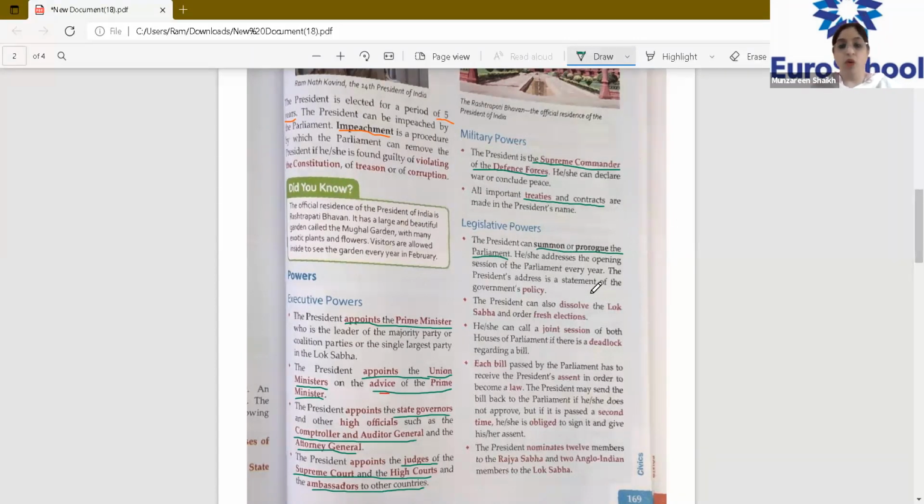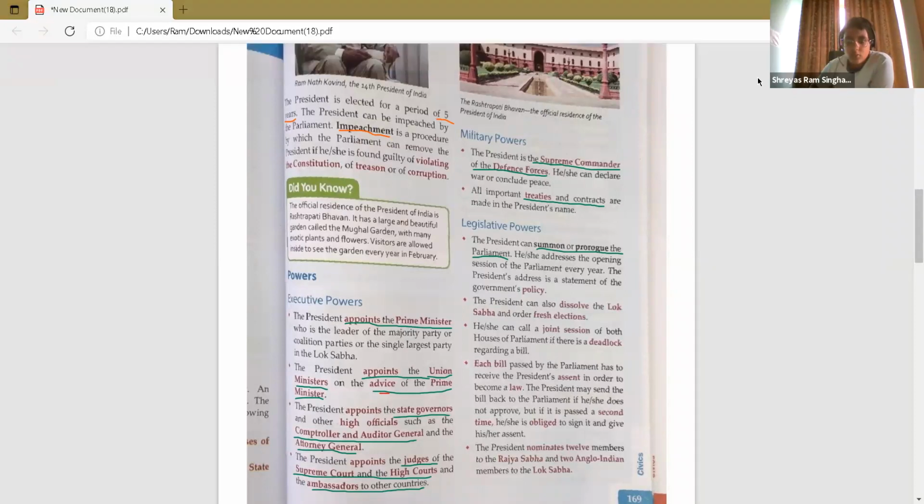Okay, so who is the one who opens the parliamentary session every year? The president. Okay, so he is the one who has the power to summon or prorogue the parliament. That means it is in his hand either to open or to close the parliament session every year.